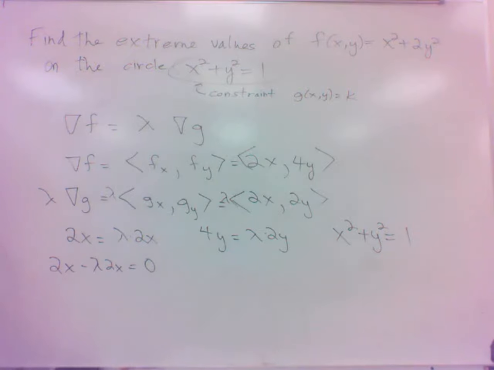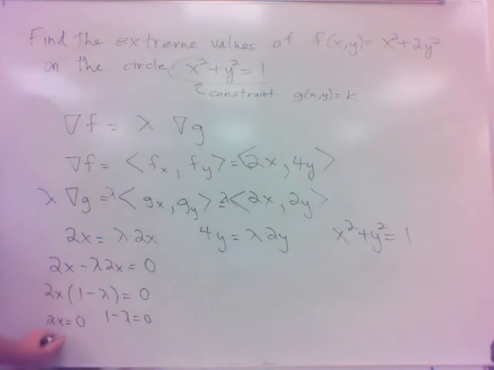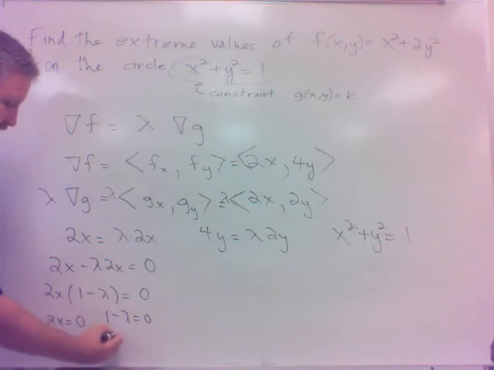Factor off 2x, and so I have 1 minus lambda equals 0. And so that means either 2x equals 0 or 1 minus lambda equals 0. So this would mean x equals 0, or lambda would be 1, okay?